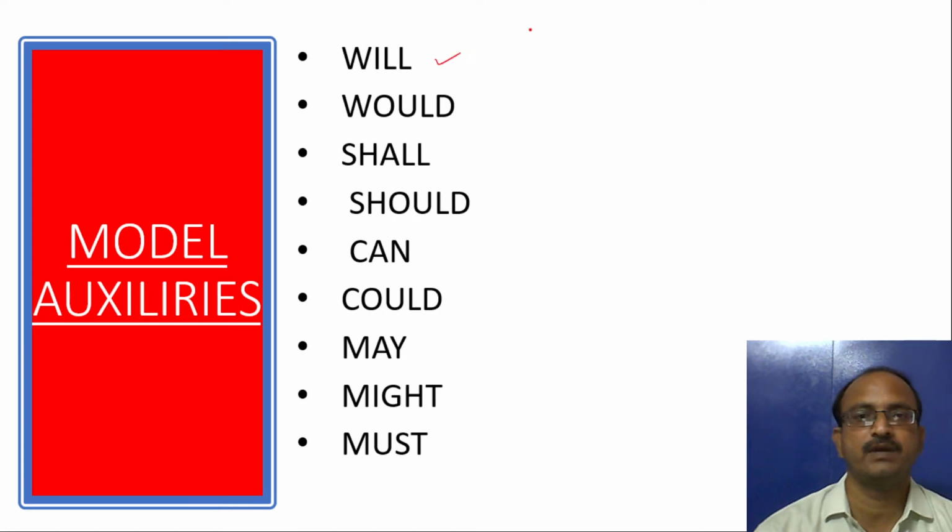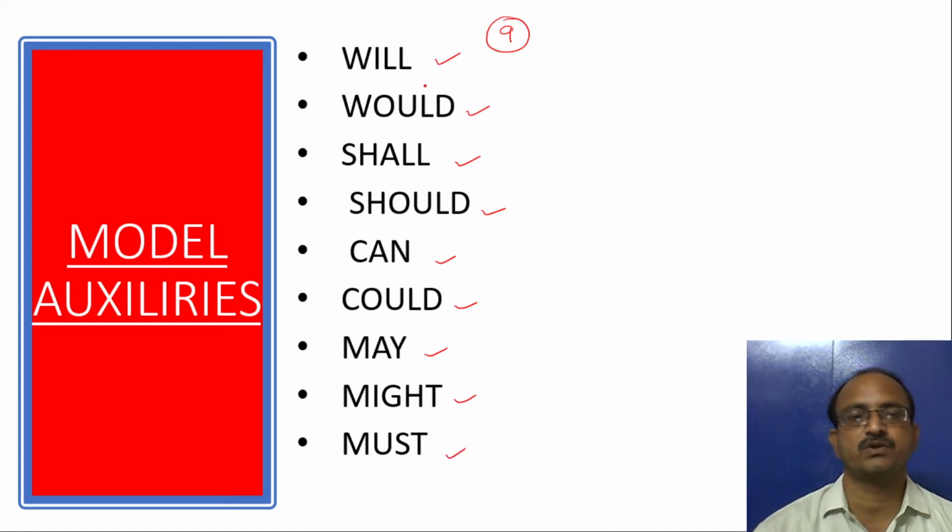We have nine modals. First one is will and would, shall, should, can, could, may, might, and must. So in total we have nine modal auxiliaries: will, would, shall, should, can, could, may, might, and must.